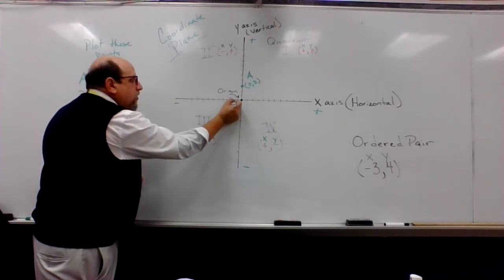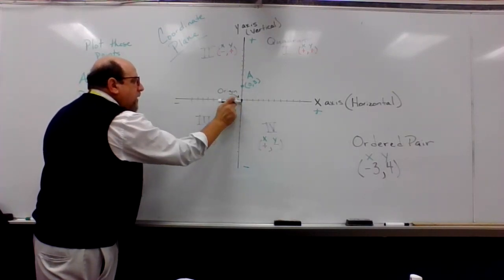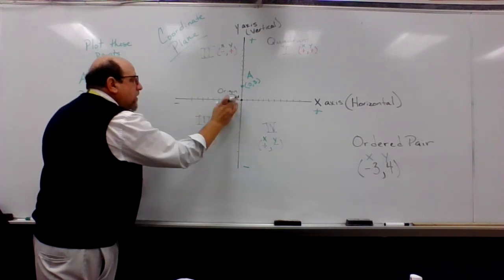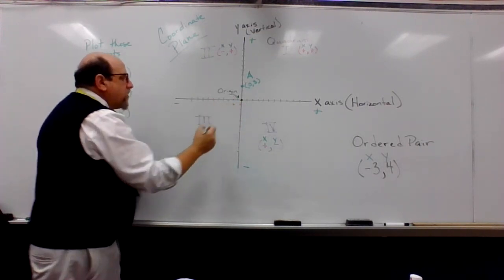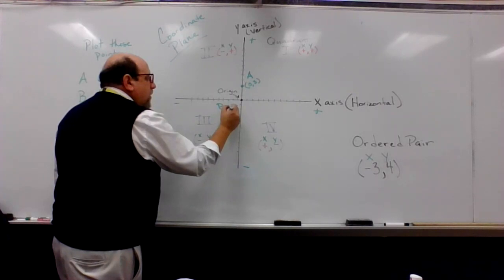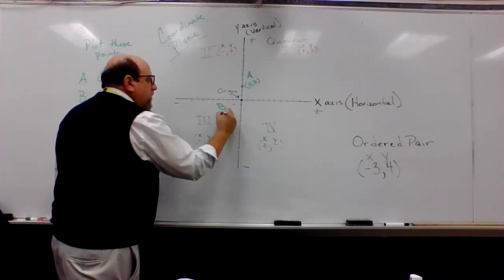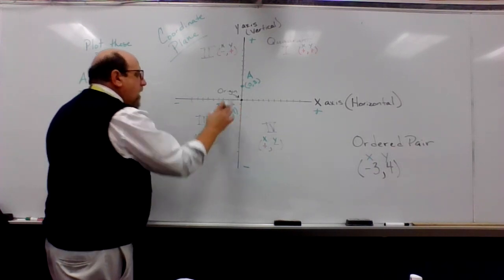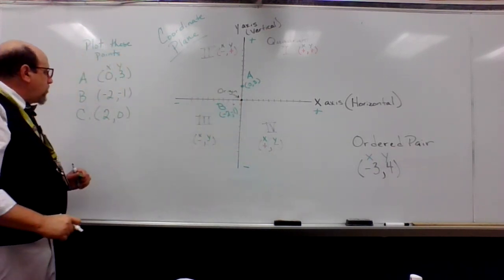So I've gone 2 this way and 1 this way, and I make my dot. I'm going to get rid of those arrows because they're going to muck up the graph. There's our B, and we're going to put the coordinate pair in there, and now we've labeled this graph.